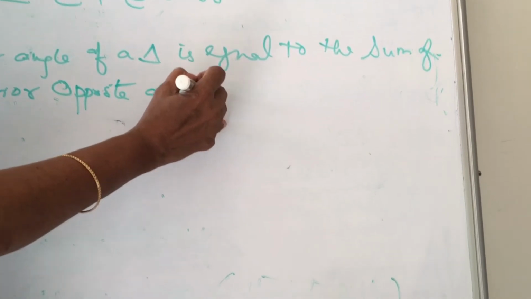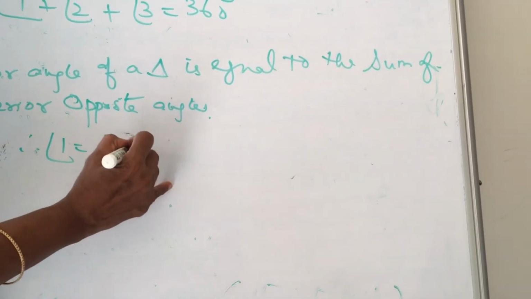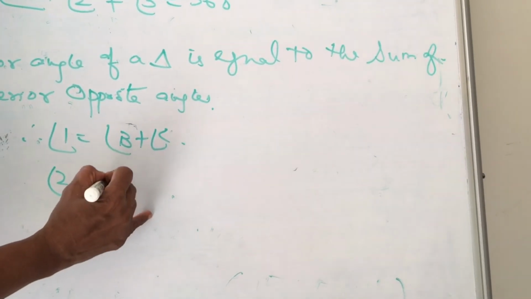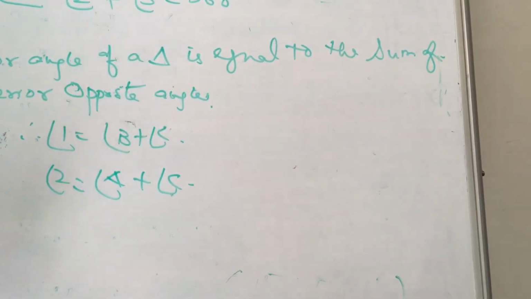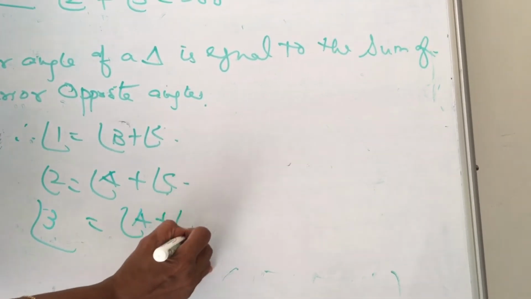Therefore, angle 1 is equal to angle B plus angle C. Angle 2 is equal to angle A plus angle C. Angle 3 is equal to angle A plus angle B.